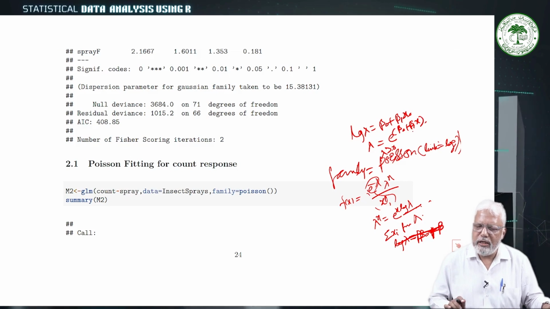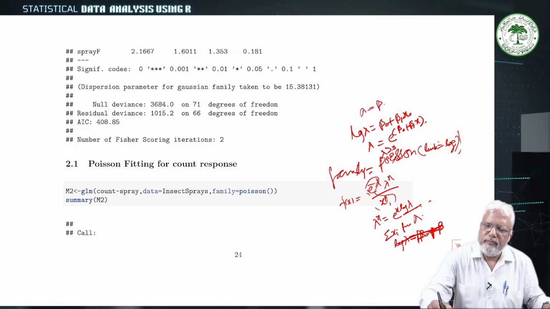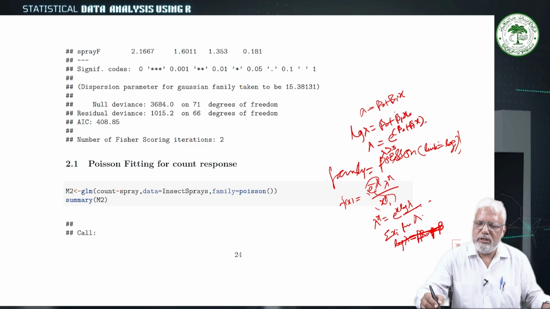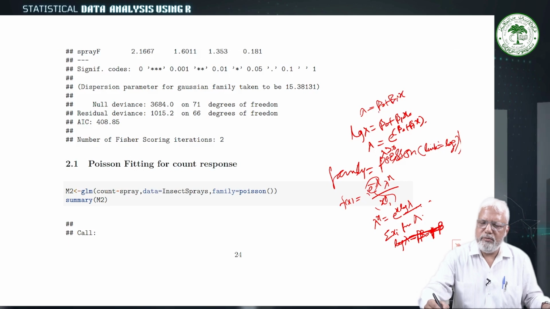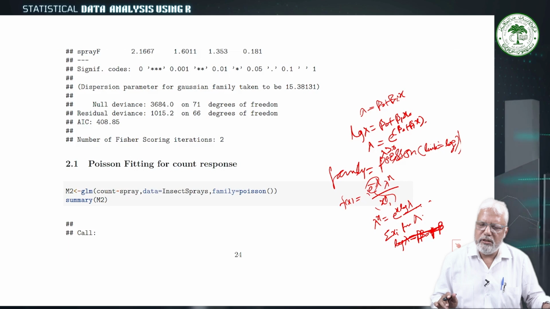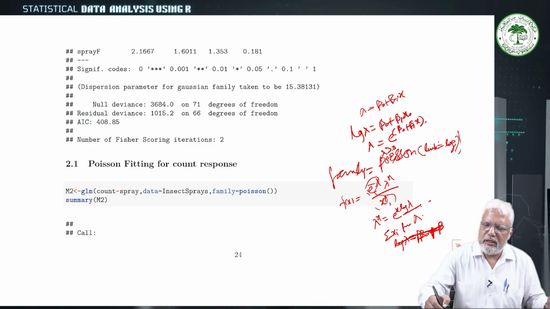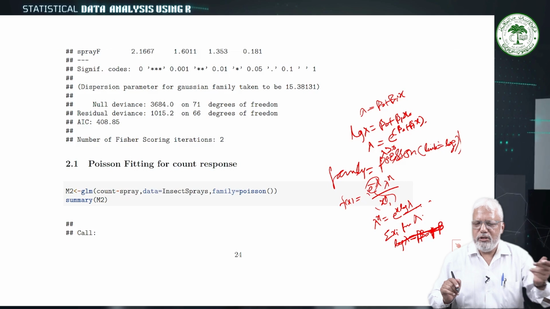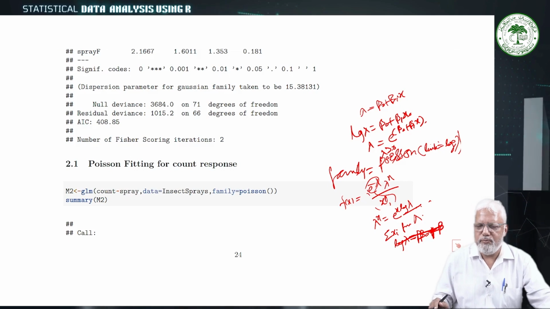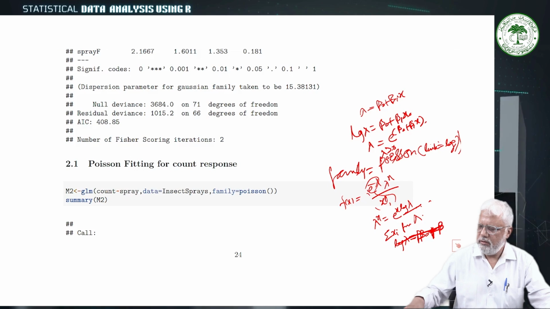If we directly write lambda is equal to beta naught plus beta 1 x, then because the range of beta naught and beta 1 is minus infinity to plus infinity, this does not satisfy the condition of lambda greater than 0. That is why the introduction of a link function is a must.